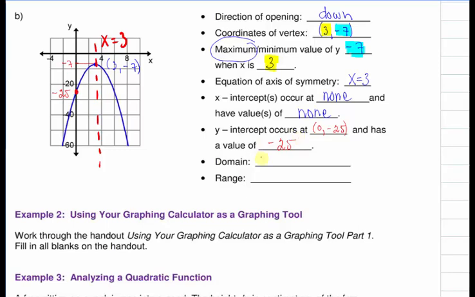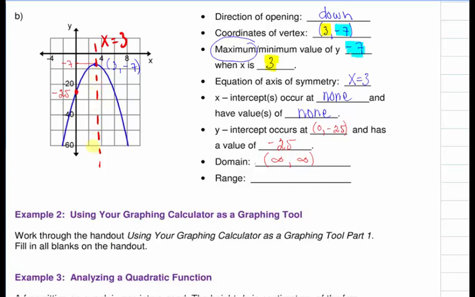Our domain once again is all reals, and so we can use interval notation for that. And our range this time, because we have a maximum value of -7, we have y values that are less than that.